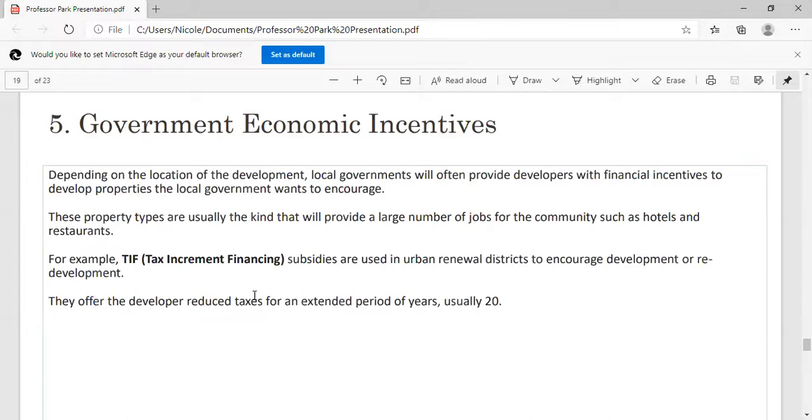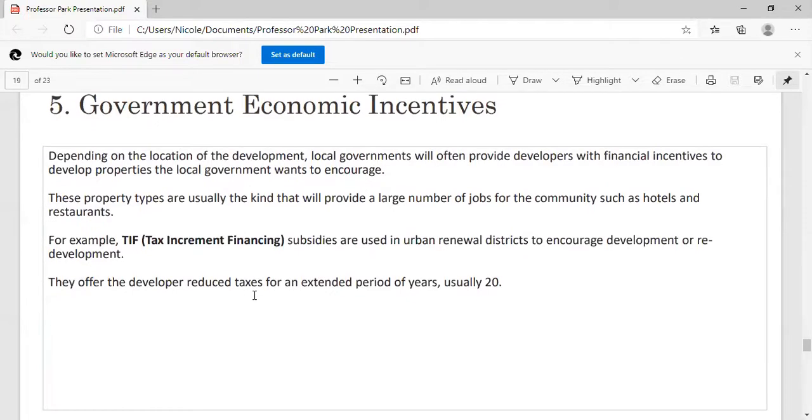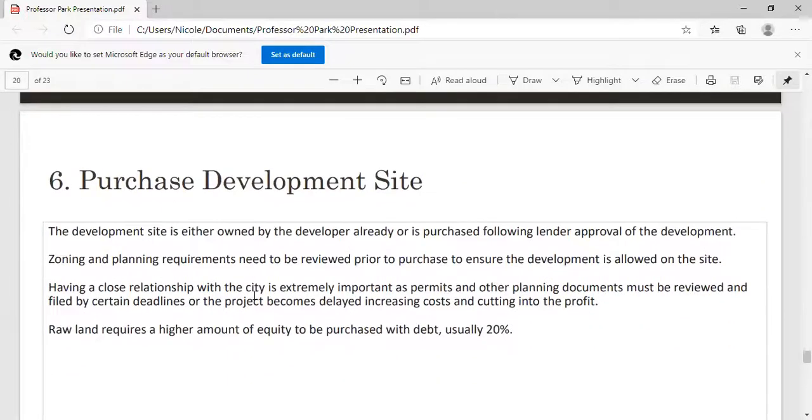For example, when I was working in Dallas, there was an incentive for hotels or hospitality to be developed because they would provide a lot of jobs for the area. There was a certain number of jobs that you had to create, and they had to be at least a 2-year typical job period for an employee. And that contributed heavily to our ability to get the development underway. So it's something to really look at when you're working on a development.